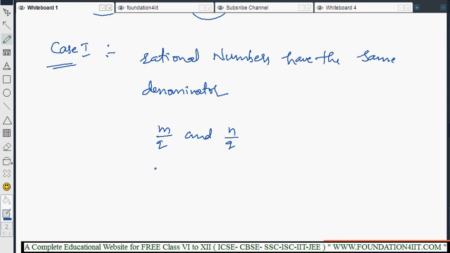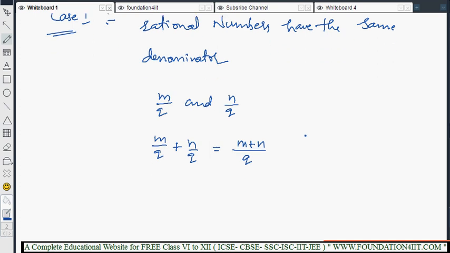If you want to add both, m by q plus n by q, we keep the denominator as it is and just add the numerators. So m plus n by q, if the denominators of the rational numbers are the same.